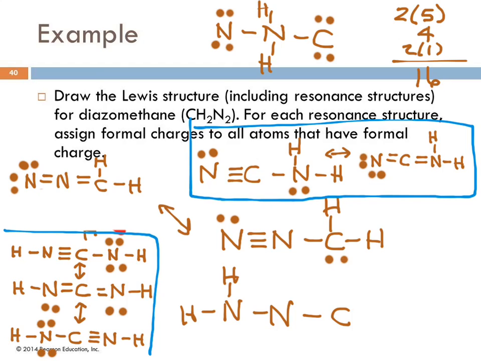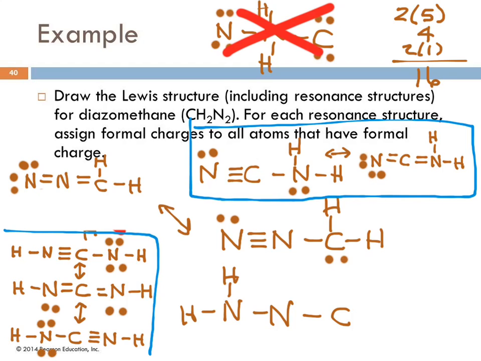If we put a double bond nitrogen to nitrogen, then this nitrogen is going to have 10. And we can't do nitrogen to carbon because then this guy's going to have 10. So there's nowhere to put a double bond. So that guy doesn't work either. Phew, right? Because we didn't want to draw any more resonance structures.